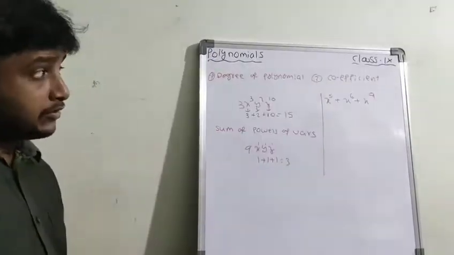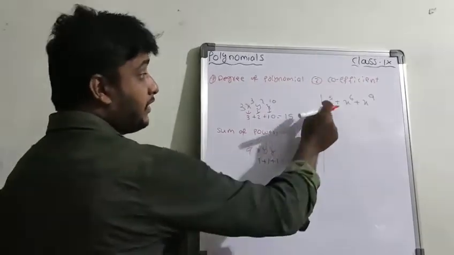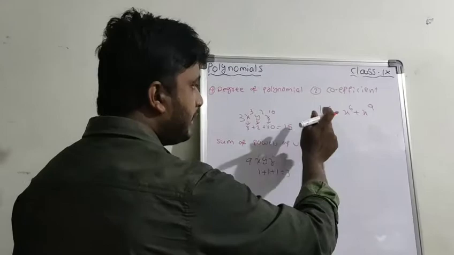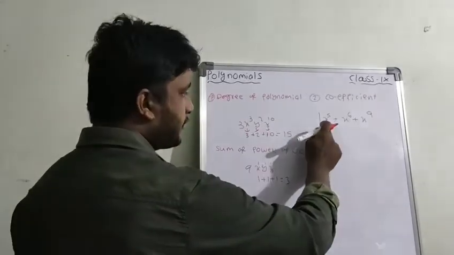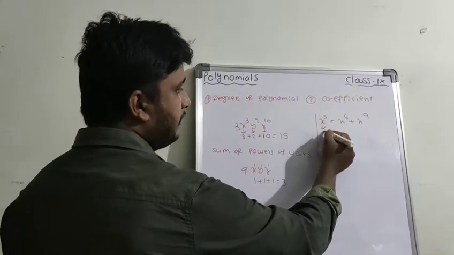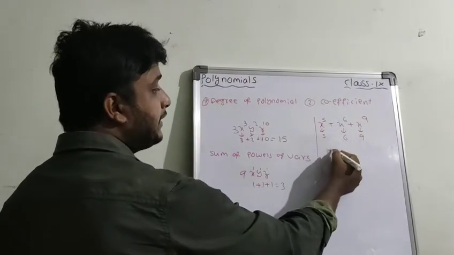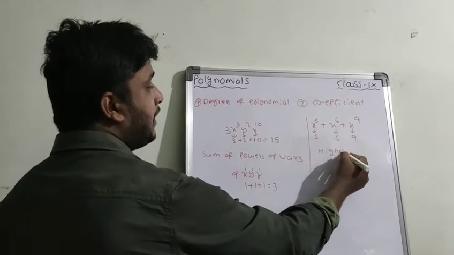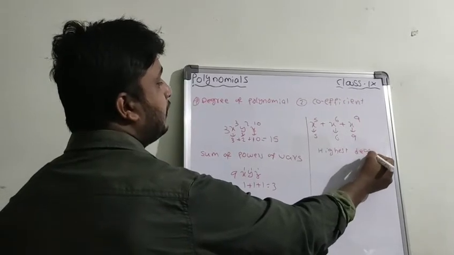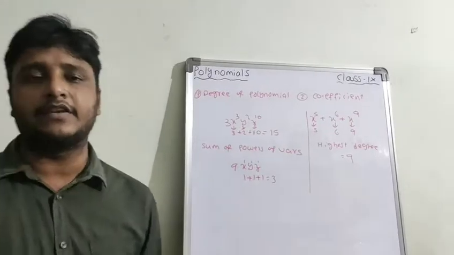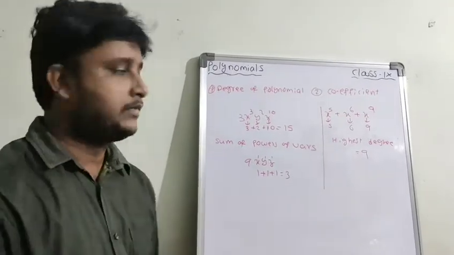Here we have 3 terms, and for each and every term you have to find the degree. First x power 5, degree is 5. Here degree is 6. Here degree is 9. Then what is the highest degree? The highest degree among all these is 9. So that 9 will become the degree of this entire polynomial.